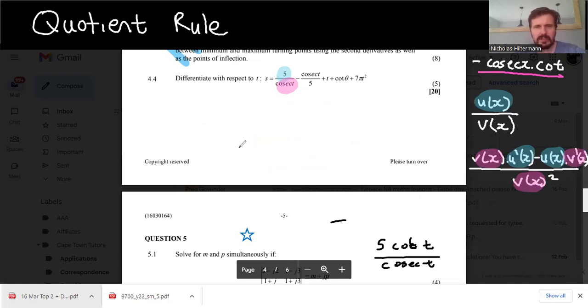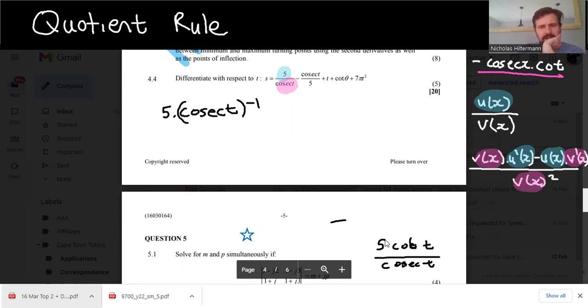Well, this can be written as 5 cot t times cosec t to the -1, because I can bring it to the top, and it has an exponent of 1. So if it goes to the top, it becomes -1.